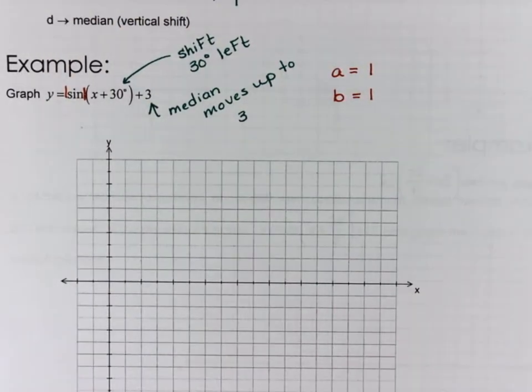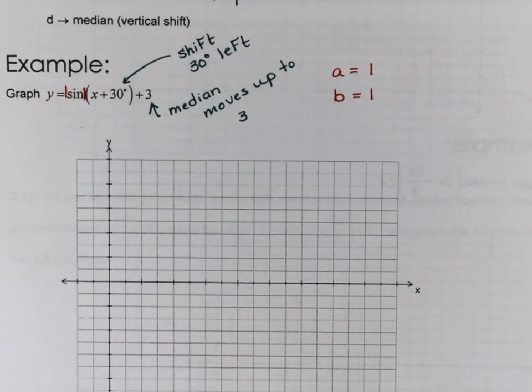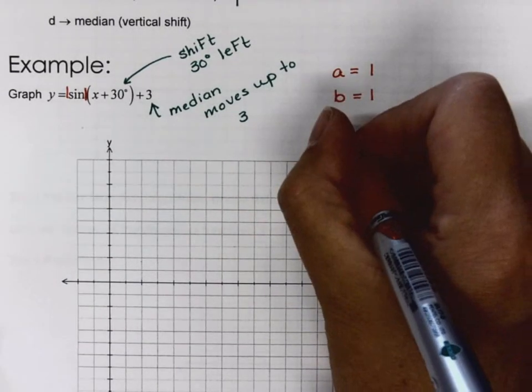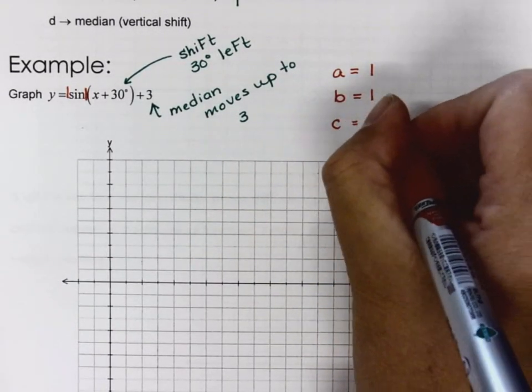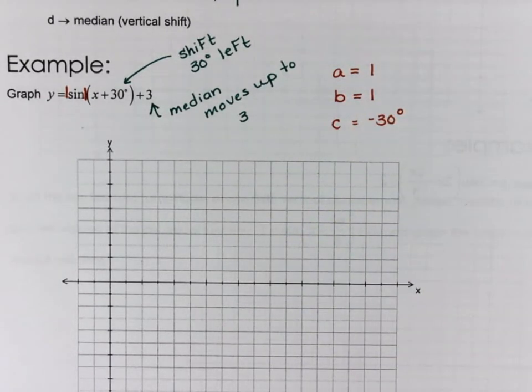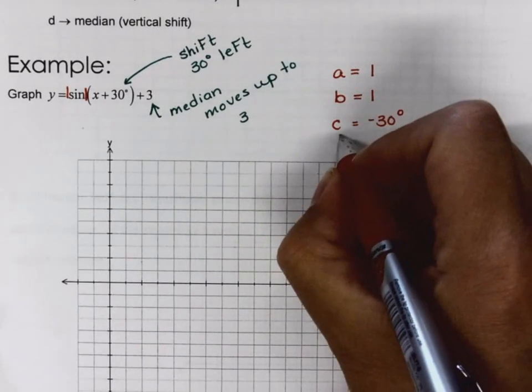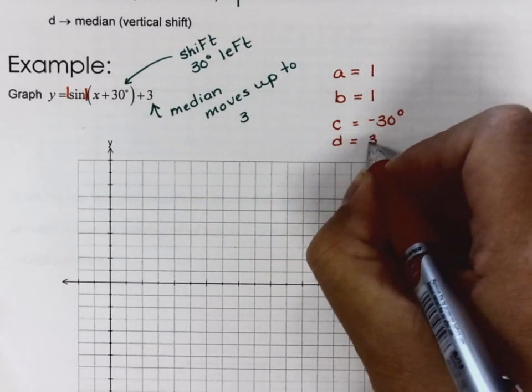Does that make sense to everybody? So my amplitude is 1, and the B value that's going to help me find the period is also 1. I know that the C value is negative 30 degrees. That's super important because that's going to be my increments. I'm not going to be working in radians, I'm going to be working in degrees. And D is my median.